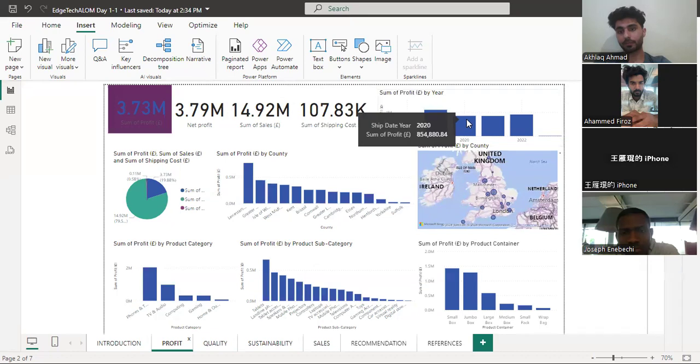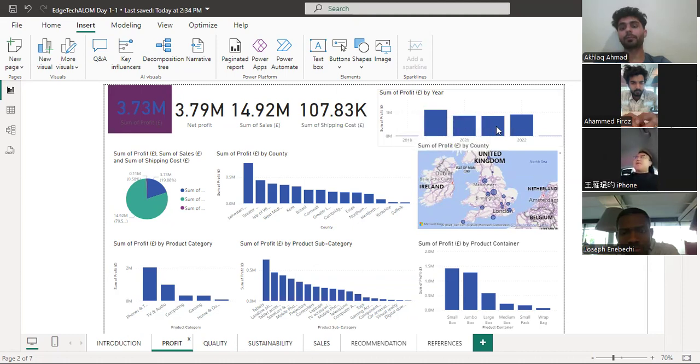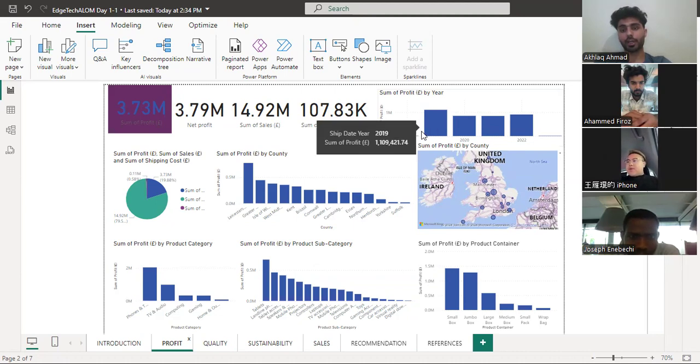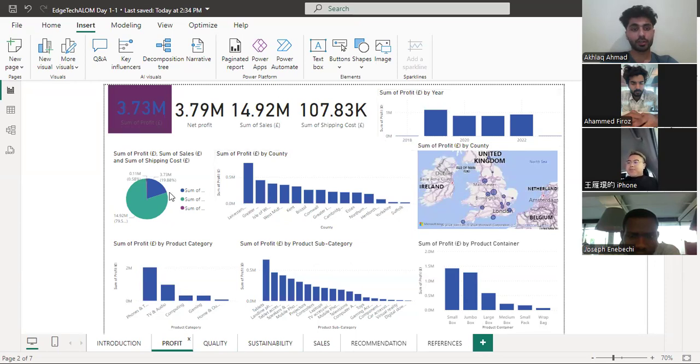After that there's a decrease in the bar in 2022 and 2023 as compared to 2019. If you look at 2018, there is a negligible sum of profit by year, but in 2019 there is a great fluctuation in the sum of profit.